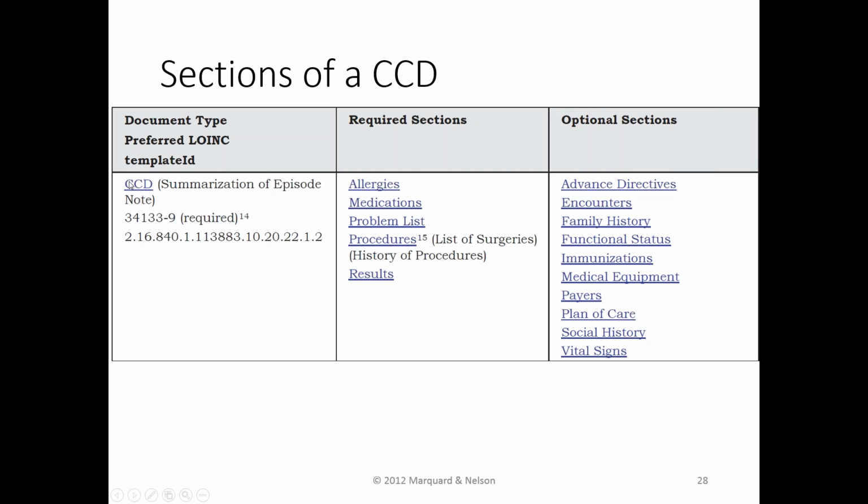And so a C-CD document could actually have additional sections above and beyond these required and named optional sections, should an organization decide that something additional needs to be shared. There are about 80 standard sections already defined in consolidated CDA, and there are even more that can be invented. But the standard is set up to allow for additional sections to be present.